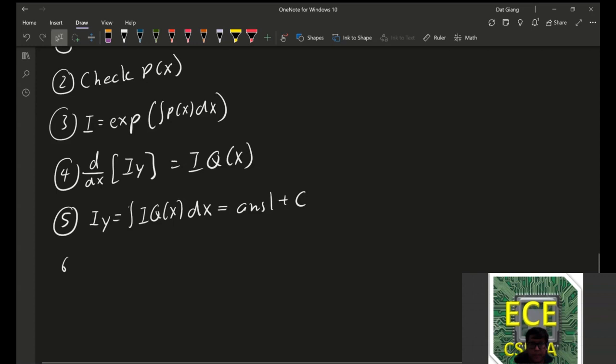Then finally, 6, y is equal to answer 1 plus c divided by I. And with these steps, we're able to solve any kind of first-order linear differential equation given that form. So in the next video, we're going to be doing 2 problems regarding first-order linear differential equations. Okay, thank you.